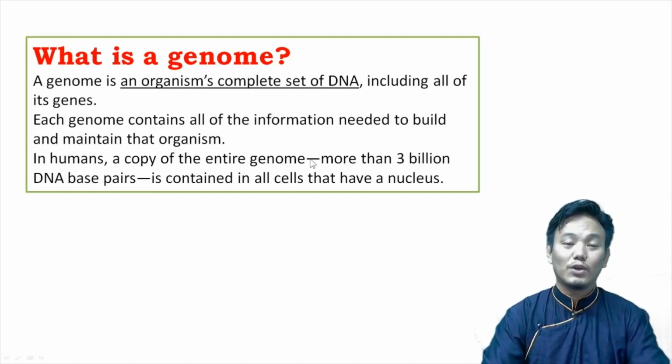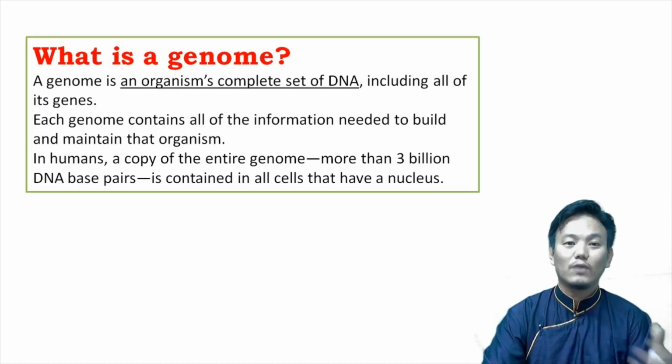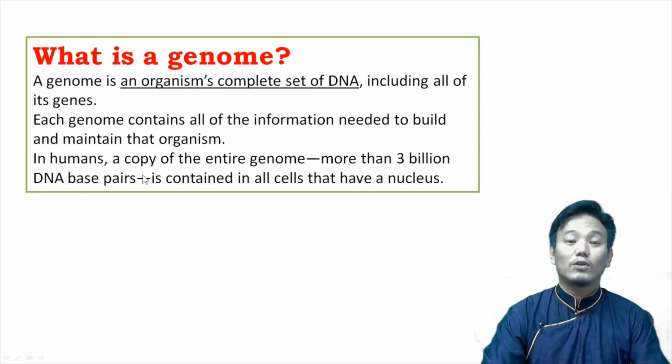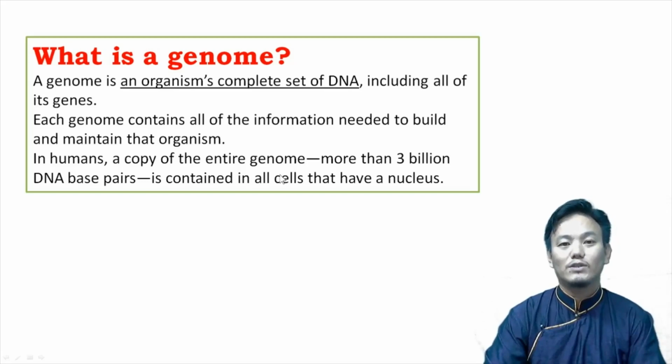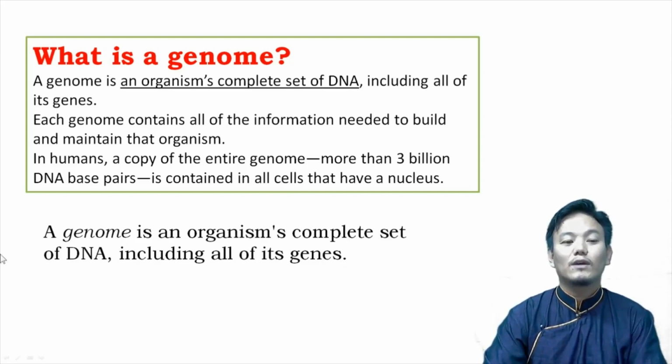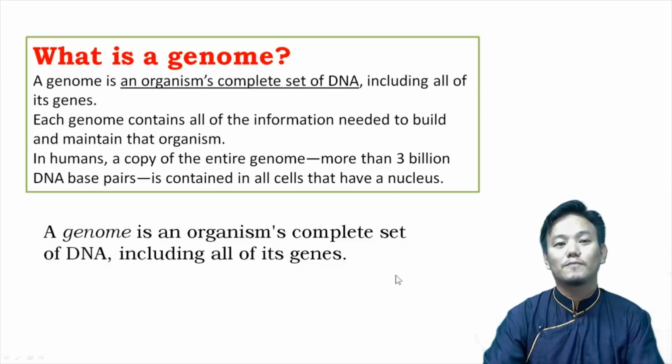Those cells which do not have a nucleus, like RBCs, won't contain the genome. But all the other body cells that have a nucleus have an entire genome within them, right? So that is the definition of genome. And simply you can write down: a genome is an organism's complete set of DNA, including all of its genes.